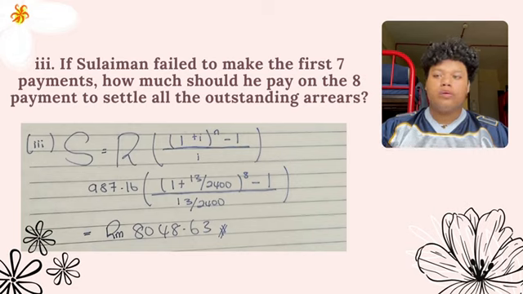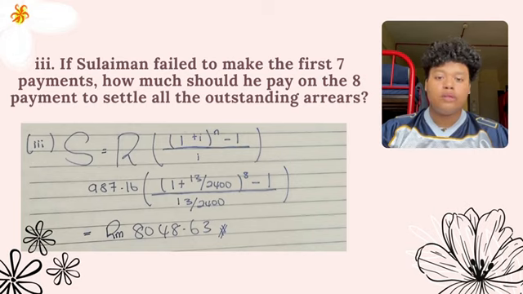Use the calculator again, and you will get the answer 8,048.163. That's it for Sulaiman's payment.